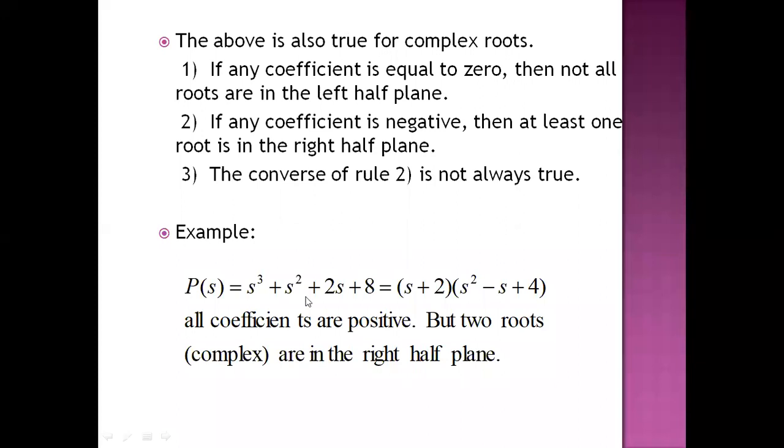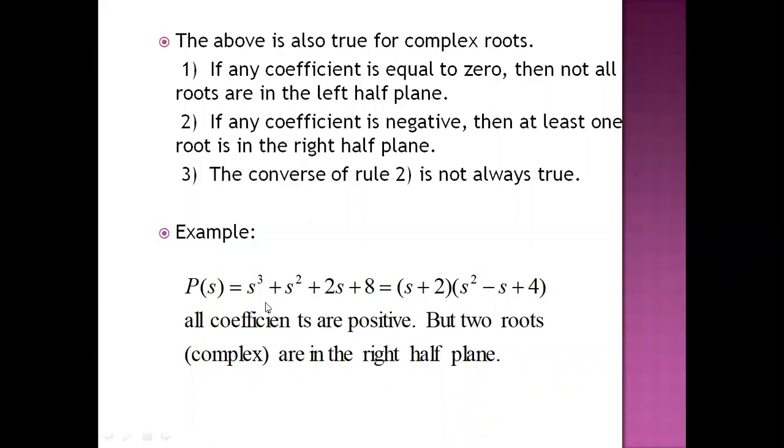Let us consider a polynomial equation s cube plus s square plus 2s plus 8. Here, though all the coefficients are positive and non-zero, when you find the roots you will get 3 roots. In this case, 2 roots are in the right half of the S plane and 1 root is in the left half of the S plane.